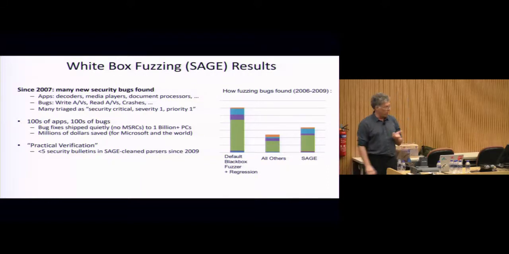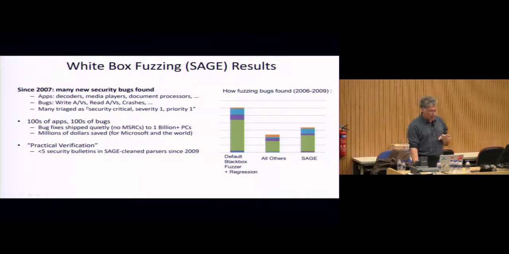So Sage has been applied to many, many parsers in Windows and Office. And here are some of the bugs found from 2006 to 2009. On the left-hand side, this is the black box fuzzing and regression testing of the parsers. So it found some number of bugs, which I'm not allowed to tell you how many. And then there was some other way of testing that found this.